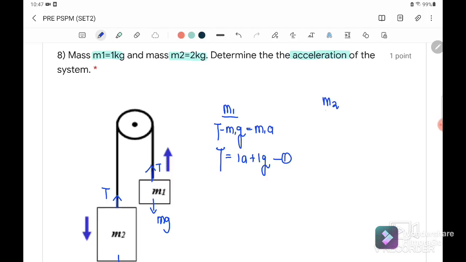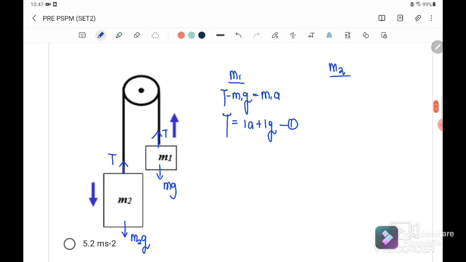For M2, because the motion is moving downward, M2 g minus tension equals M2 times acceleration. Therefore, tension equals 2g minus 2a. This is the second equation. Since the tension for M1 and M2 is the same because they are on the same string, equation 1 equals equation 2.